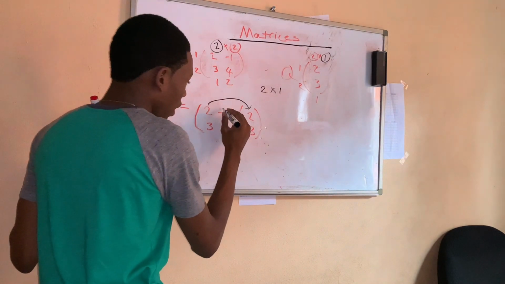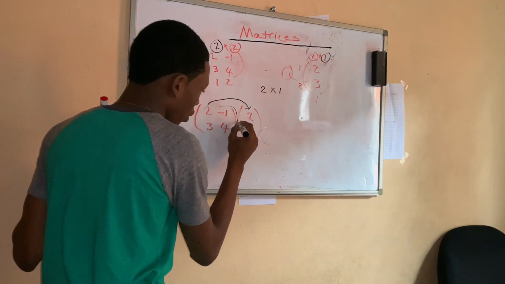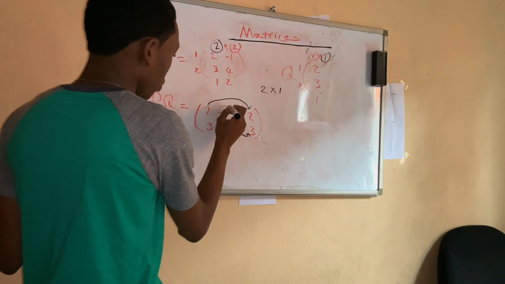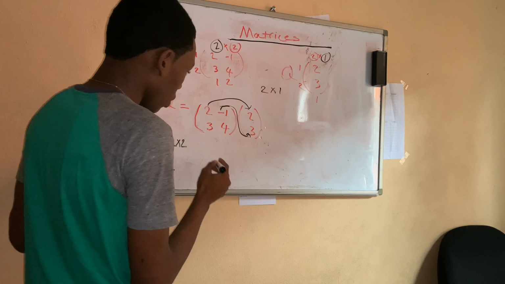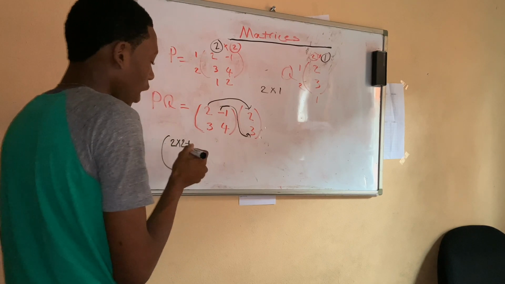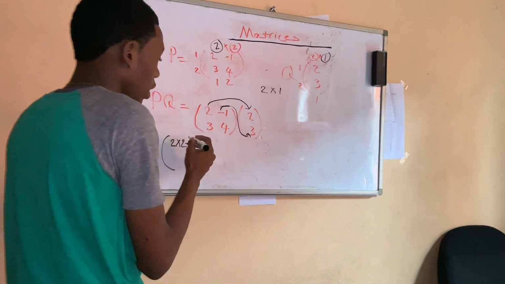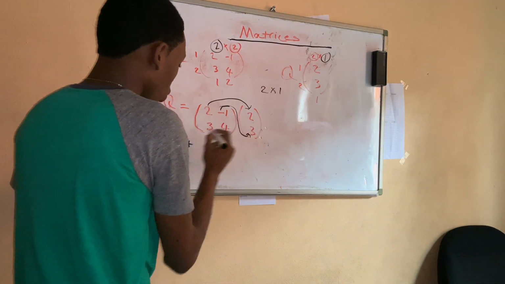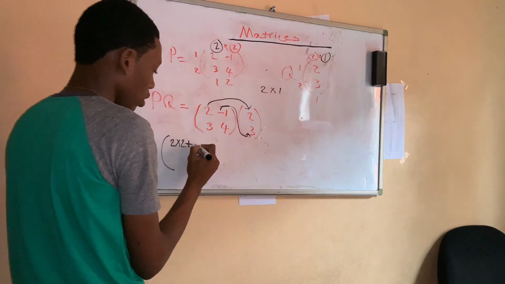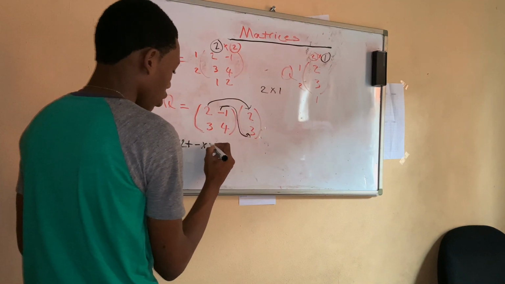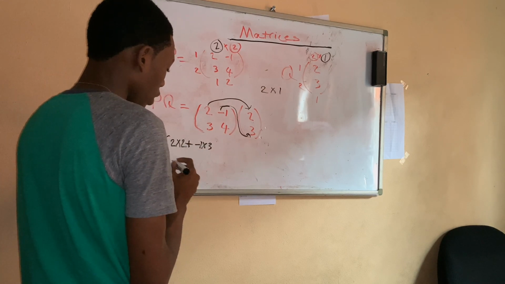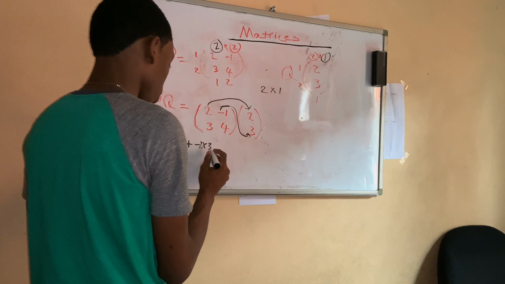We need to multiply the -1 by the second number, which is 3, and add it in the result. So basically 2 times 2 plus -1 times 3. This is the first row.